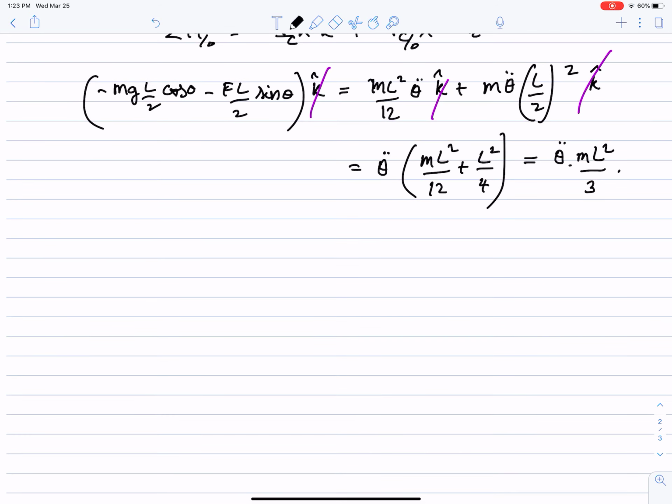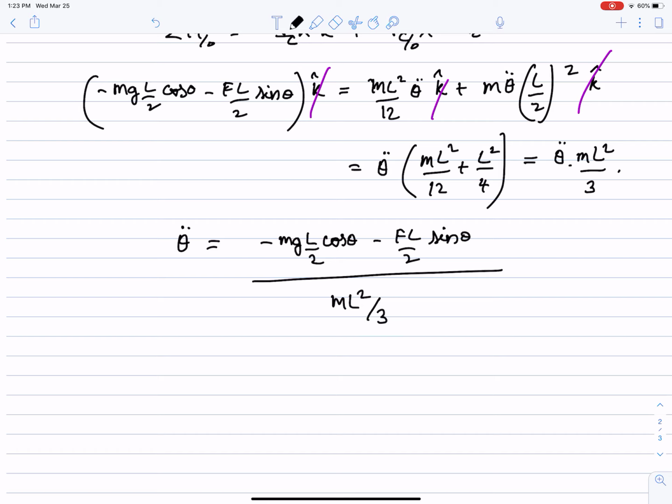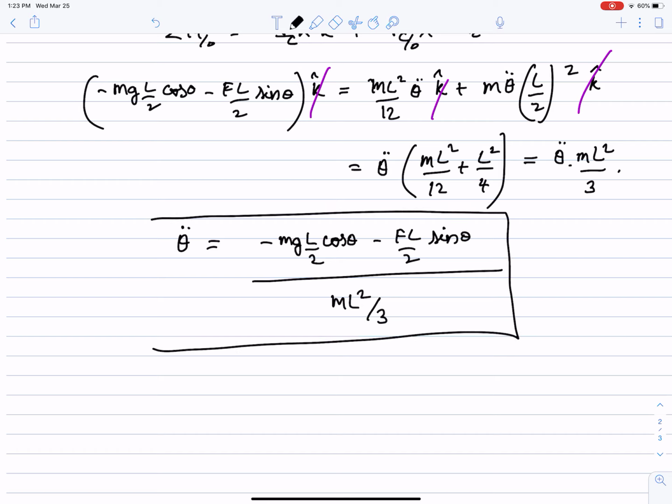The left-hand side is this. So what we have is theta double dot equals minus mg L over 2 cosine theta minus F L over 2 sine theta divided by m L squared by 3. So that's the answer. That's equal to alpha, the angular acceleration.